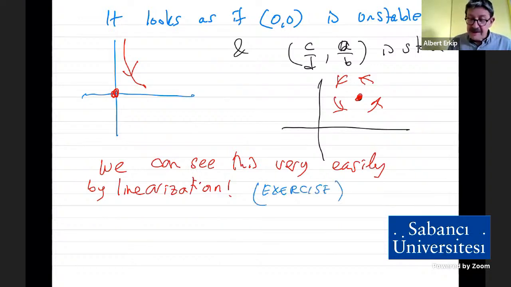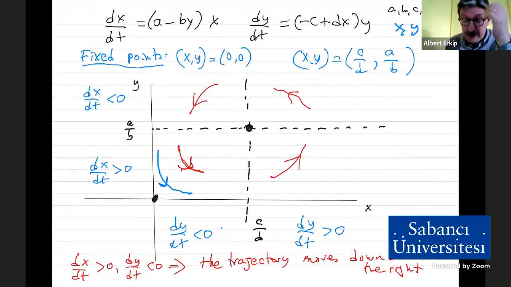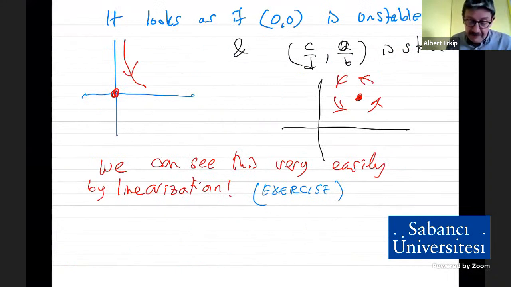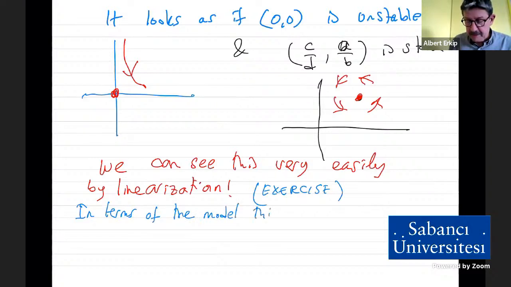Physically, what does it say? There are two possible solutions. In terms of the model, this means two things.